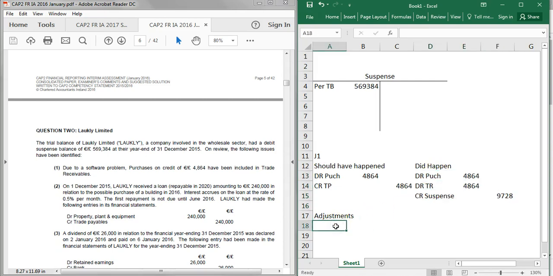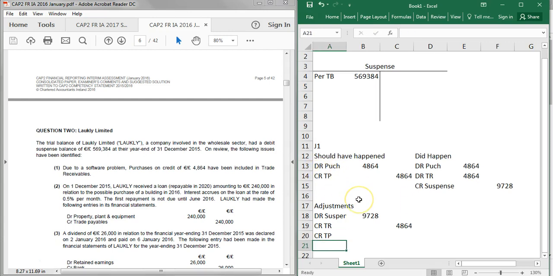So the adjustment then is to debit suspense 9728 to clear it out. We're going to credit trade receivables because it should never have been there, 4864, and we're going to credit trade payables because that's where it should have been, but it wasn't, 4864. So you can see the benefit of taking that 3-step approach: if you compare what should have happened to what did happen, the adjustments should hopefully fall out.